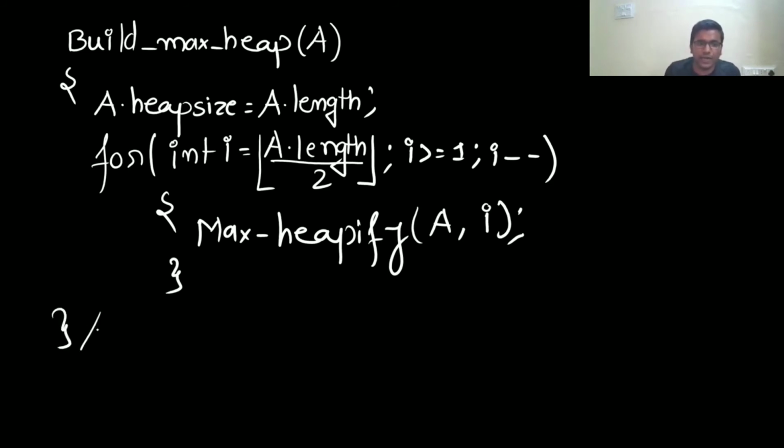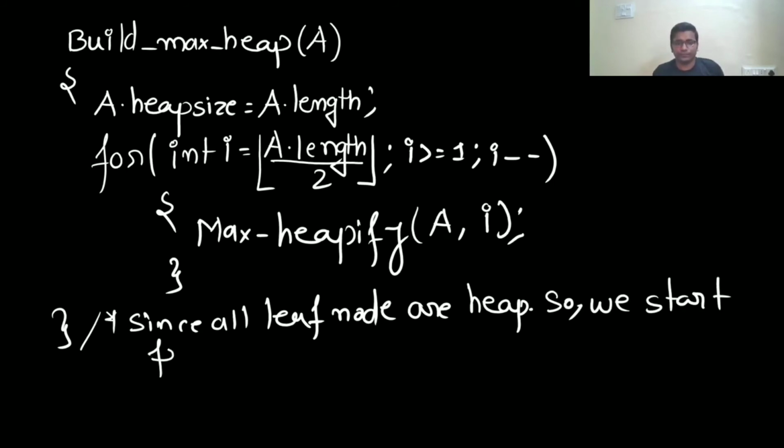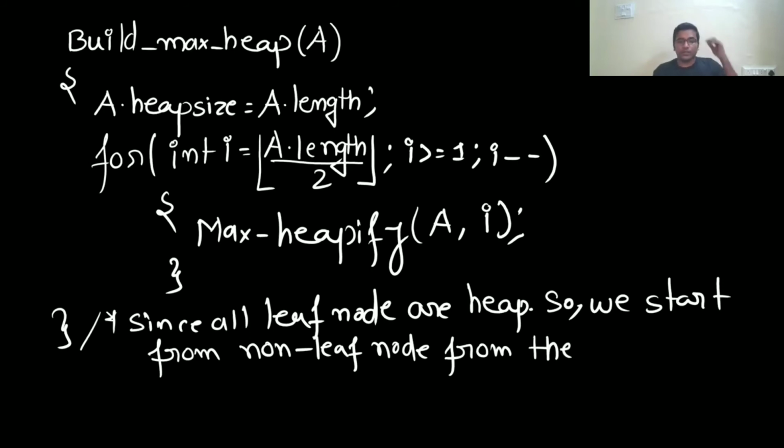Understood? See why I am calling from non-leaf? Since all leaf nodes are heaps to begin with, we start from the non-leaf node.